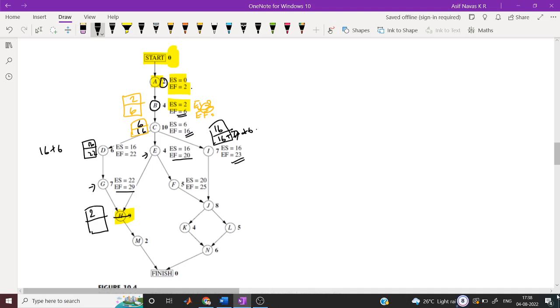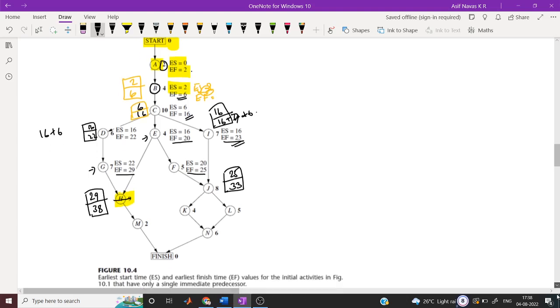So we will take 29, and then EF of H is 29 plus 9, 38. Similarly here there are two nodes. EF of F is 25 and here 23. So we will take 25, and EF of this is 25 plus 8, 30. So similarly we will calculate all these things, and we will get a table.